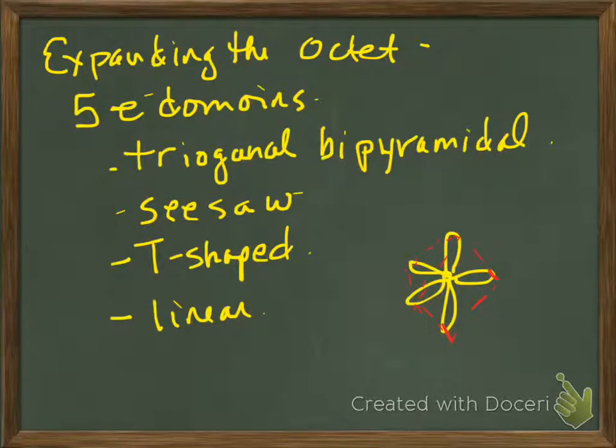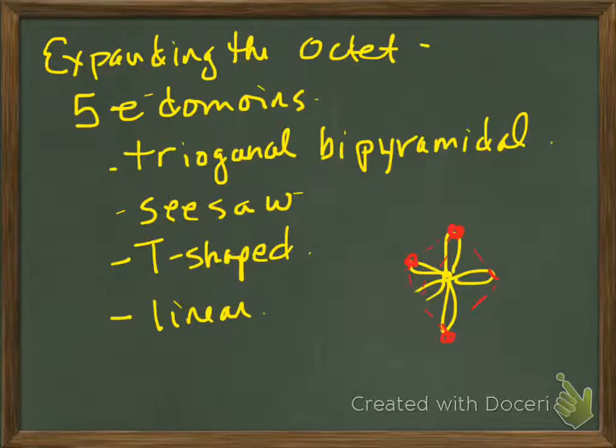Seesaw is when I have here, here, here, and here. And then T-shaped is where I would take away that one. The ones on the equatorial plane are the ones that are going to be taken off first, if you want to view it that way.